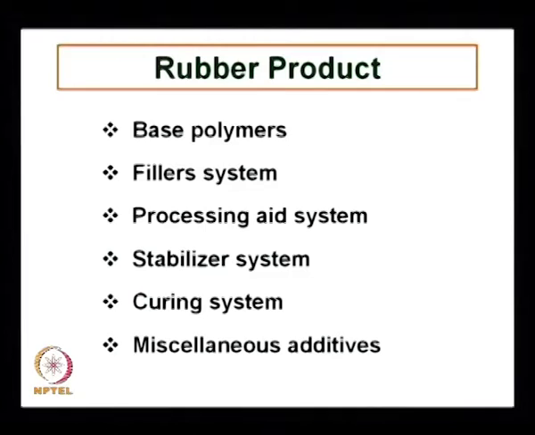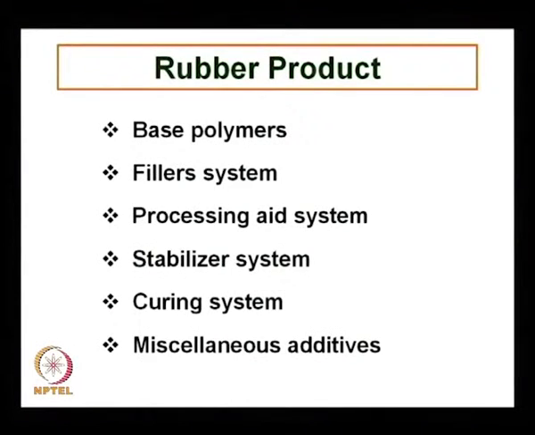For that purpose a curing agent, cross linking agent or vulcanizing agent is used with the rubber, and it helps in cross linking the rubber molecules to convert it from thermoplastic to a thermoset structure. I will discuss the details of these systems.